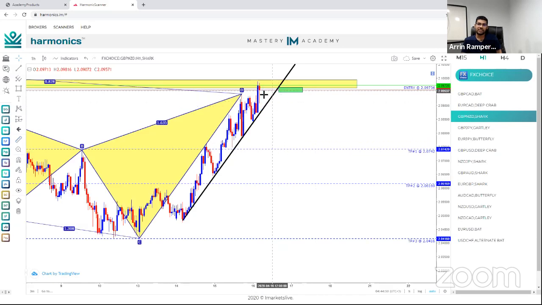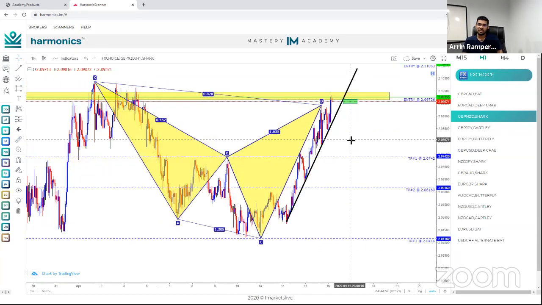The difference with this is that it's not that much of a safe trade, I'll put it that way. It has the potential to touch the trend line and shoot up. We want to make sure that it breaks the trend line. It's on the right side. You want to enter anywhere over here.